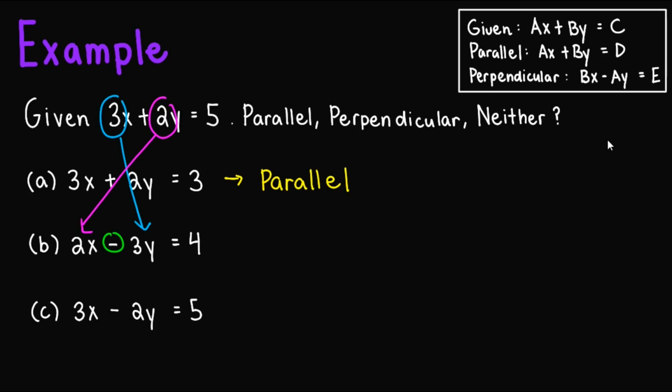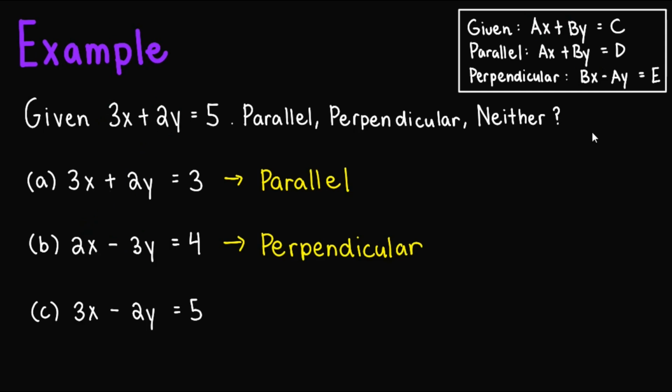Clearly, it is perpendicular since B out here moves here and A out here moves here with a sign change. So the coefficients switched with a sign change. Therefore, this letter B is indeed perpendicular.